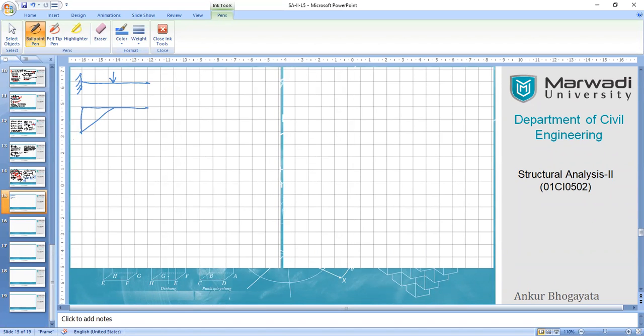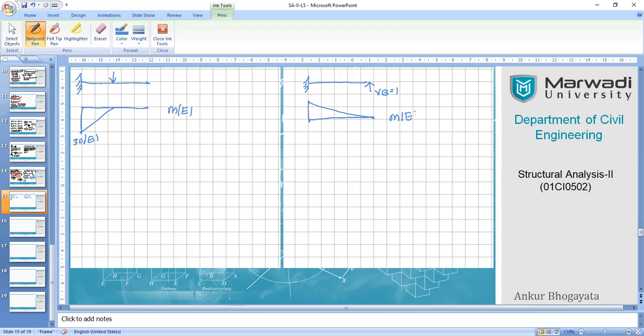So this is now 30 by EI, that is your M by EI diagram. And here, on the other slide, if I apply VB equals 1, that is the unit load, I will be drawing the BM diagram for this particular condition, and this is a straight line only, don't take it as a curve.